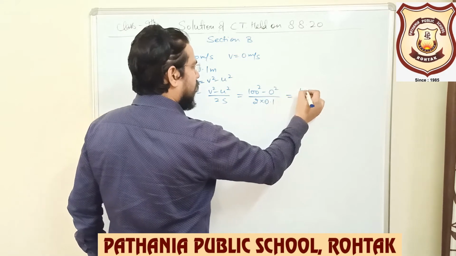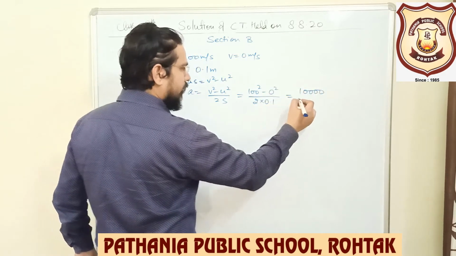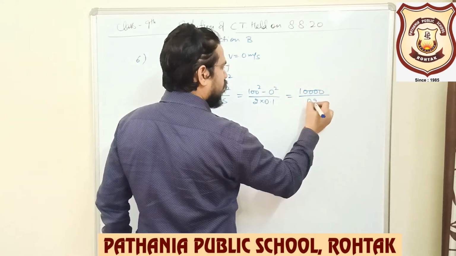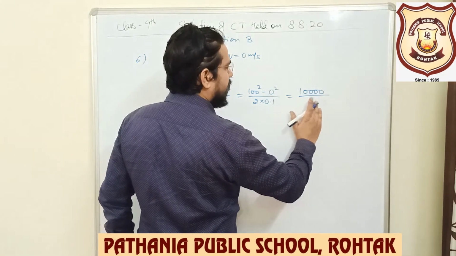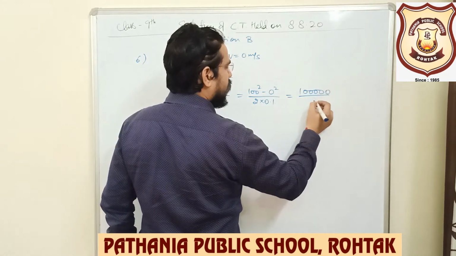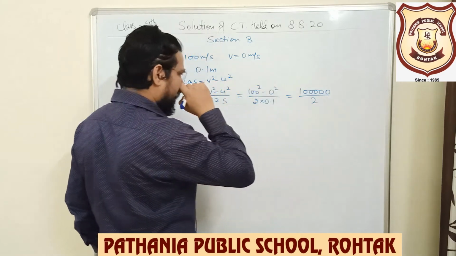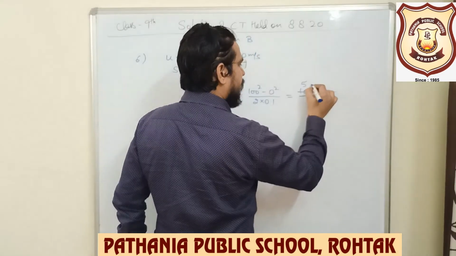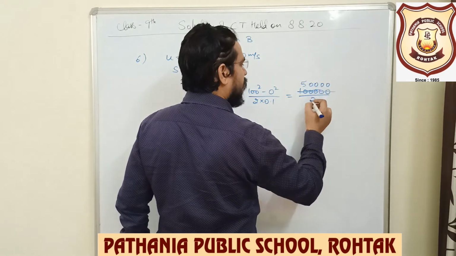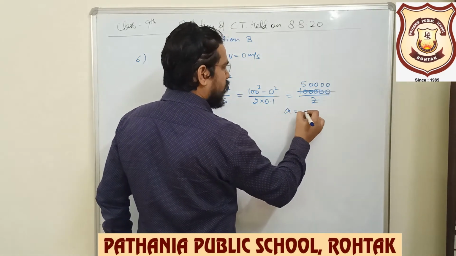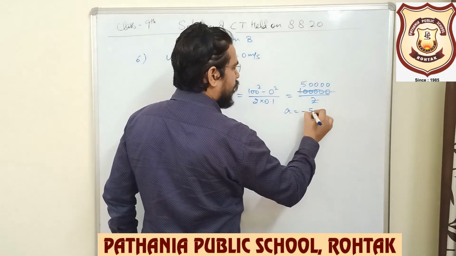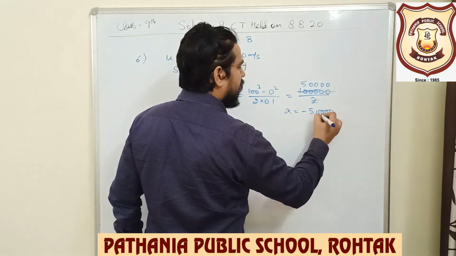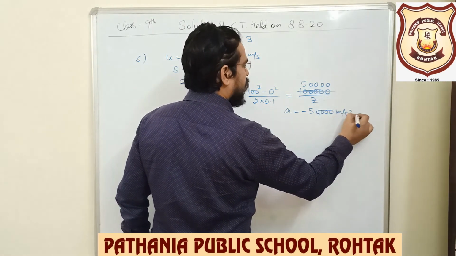So I will get square of 100 divided by 0.2, or multiplying both sides by 10, it will become 1 0 more, and in denominator it will become 2. So if you divide it, your answer is going to be minus 50,000 meter per second square.